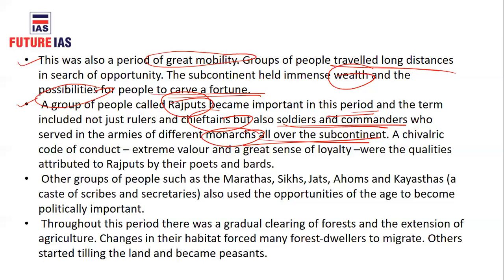And there started to be a change in habits also, right. For example, many people who used to migrate in the forest now started migrating to the cities and the villages. And others started tilling those agricultural lands, and they became peasants. So over a period of time, socio-economic changes took place in the cultural aspect of the people.